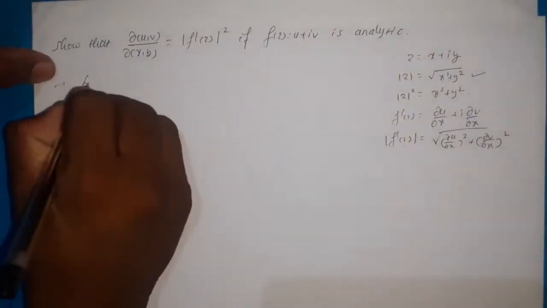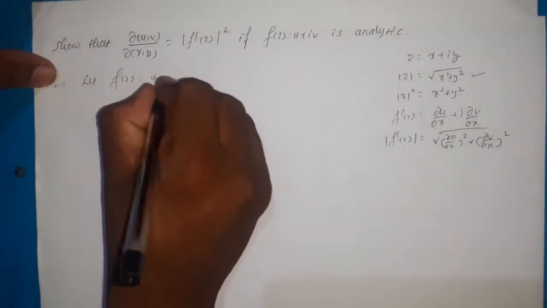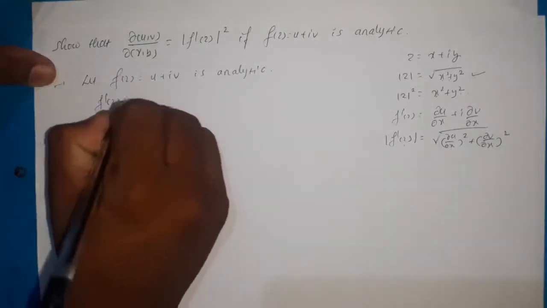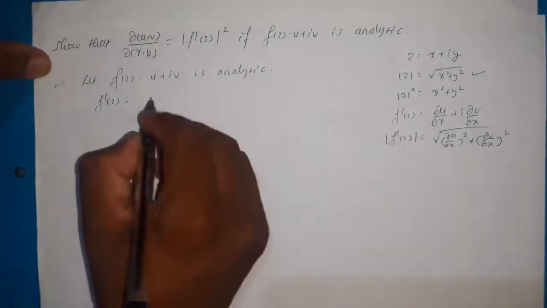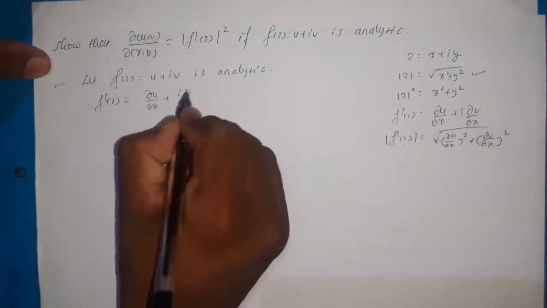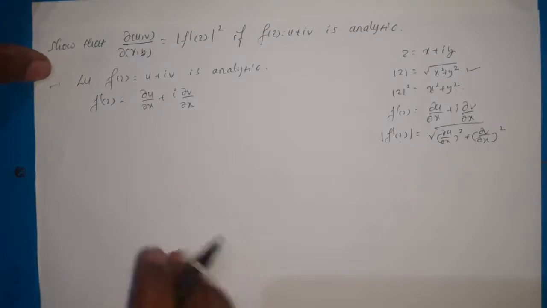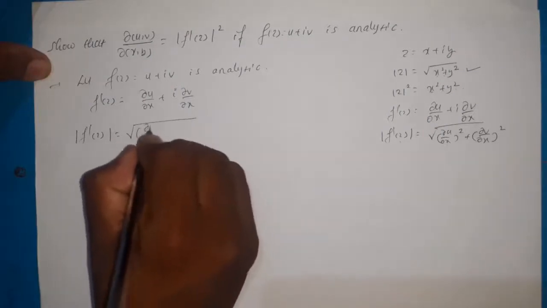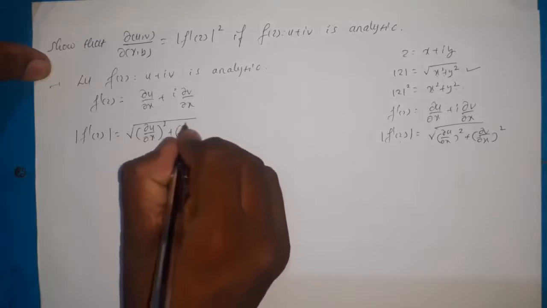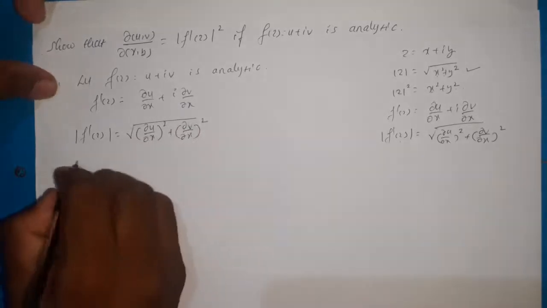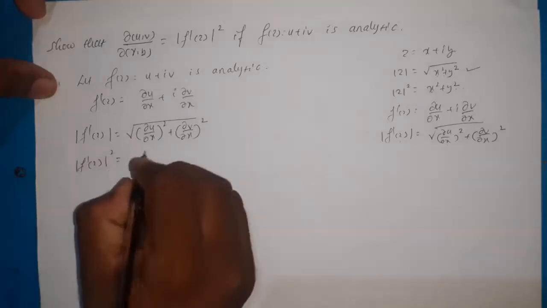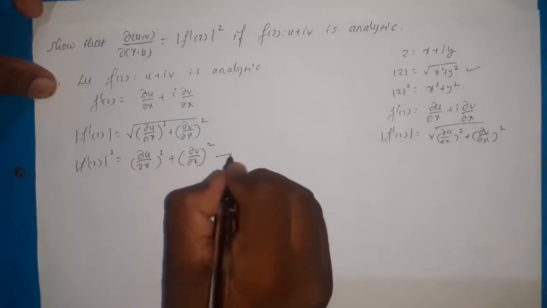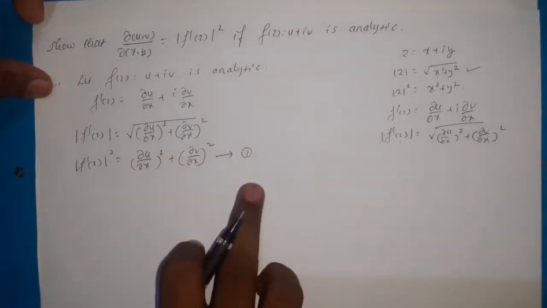Now let f(z) = u + iv be analytic, and f'(z), we already know the formula for f'(z), that is ∂u/∂x + i ∂v/∂x. Then |f'(z)| is equal to the square root of (∂u/∂x)² + (∂v/∂x)². Then squaring on both sides, |f'(z)|² equals (∂u/∂x)² + (∂v/∂x)², and consider this as the first equation.